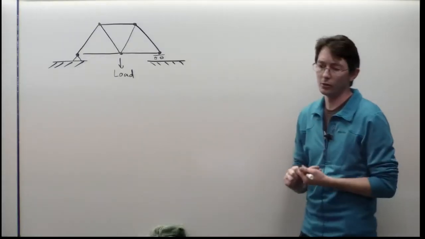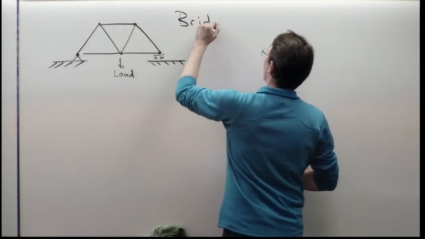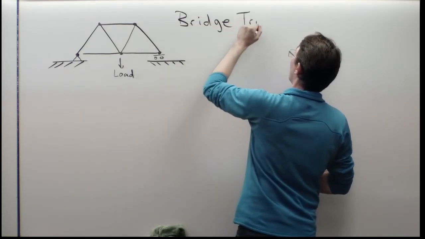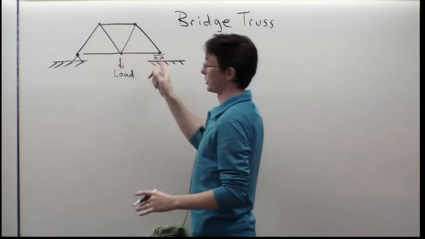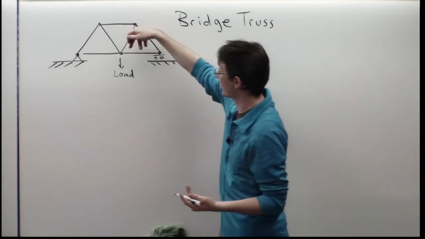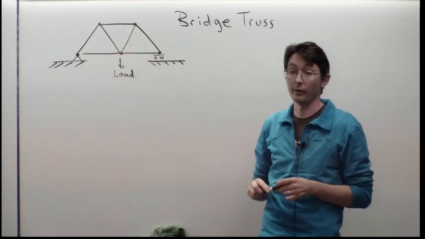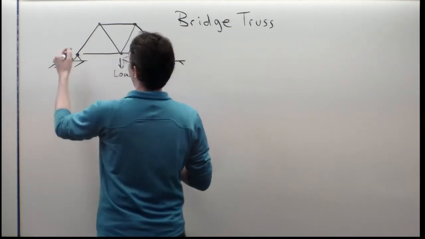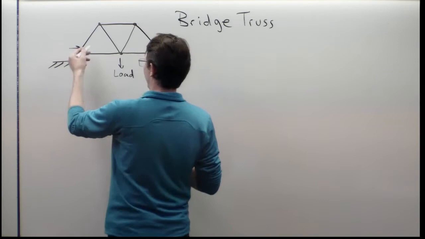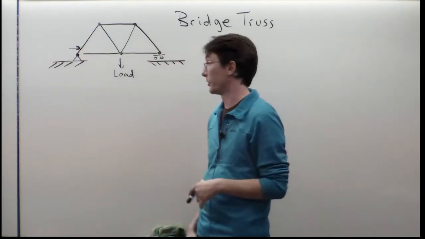Let's think about another system. We've also looked at a bridge truss, where we have a number of segments which provide constraints. We have some loading. Maybe there's trucks driving by and I want to know when this bridge is going to fail. Or maybe more topically, I have some side force here, a truck hits the bridge, and I want to know how much force will collapse my bridge.